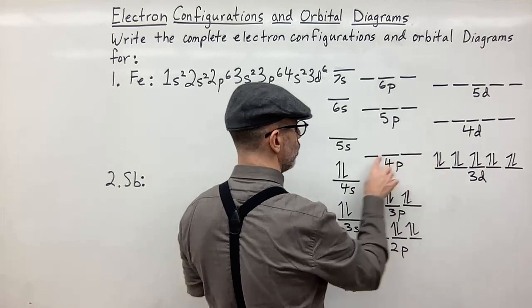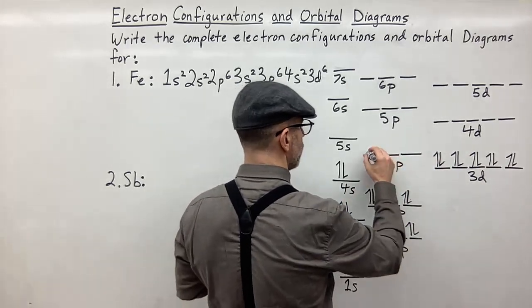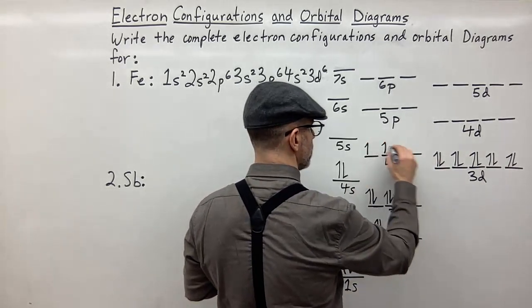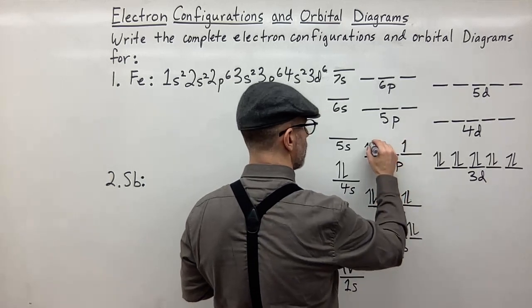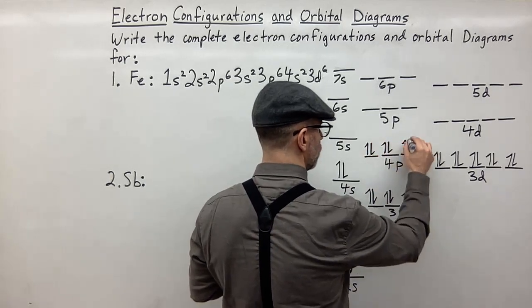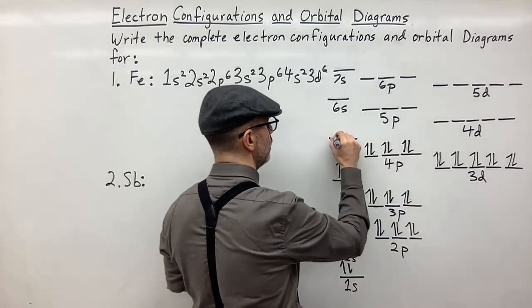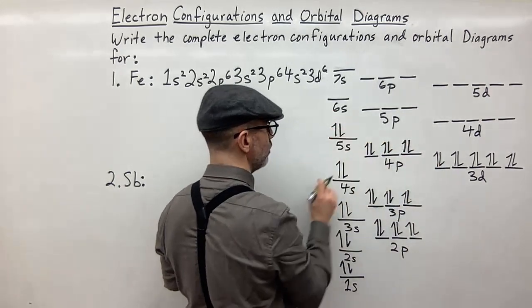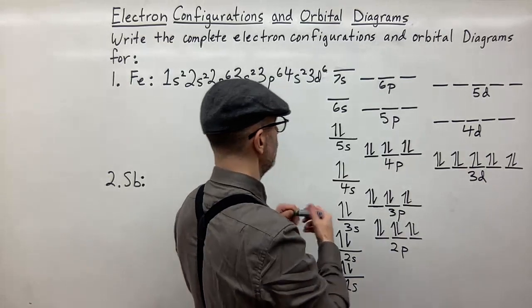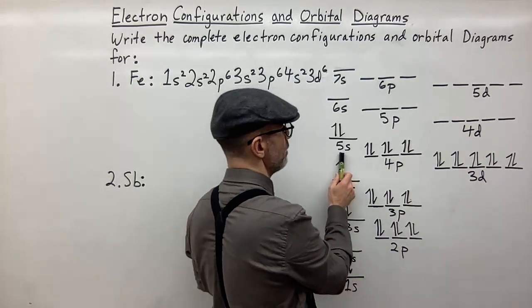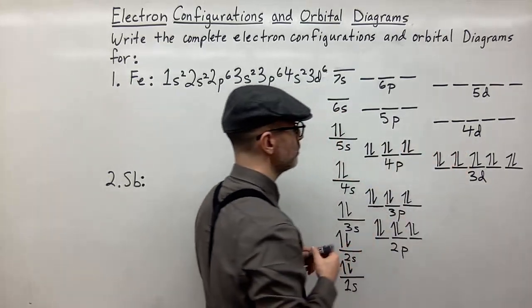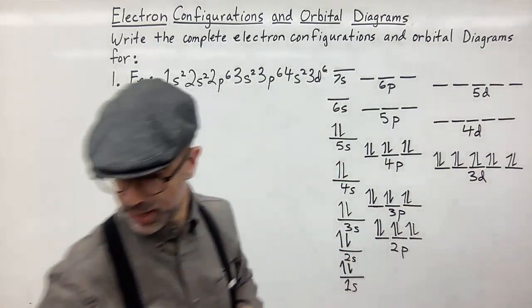So next I'm going to go to the 4p. So that's going to be spin up, spin up, spin up, spin down, spin down, spin down. So that's full. Next is the 5s. Spin up, spin down. Okay. Next, I'm going to go from the 5s to the 4d. So where am I at here?